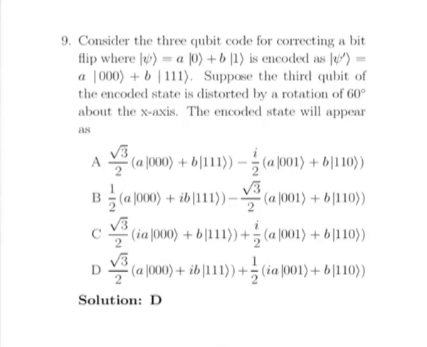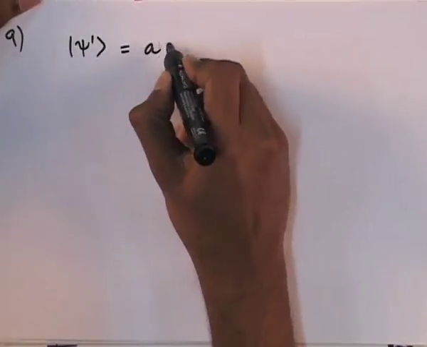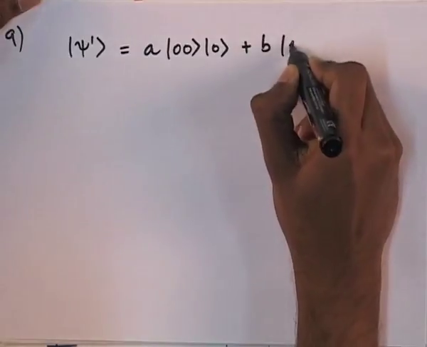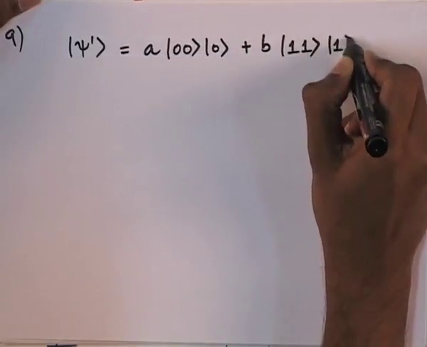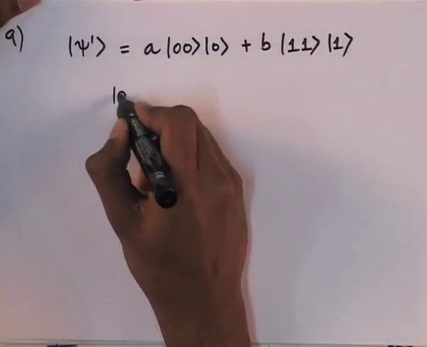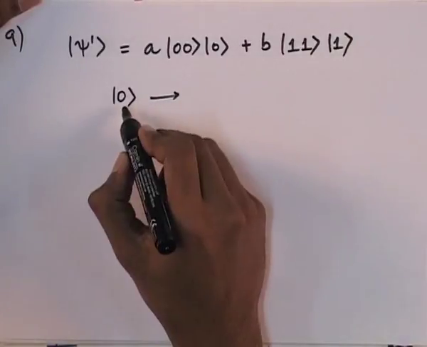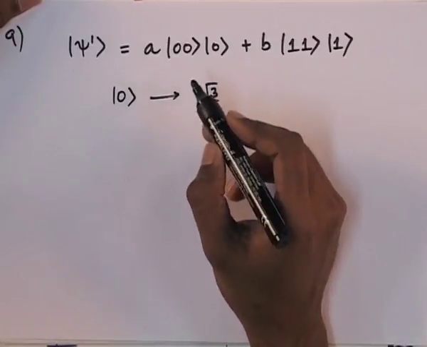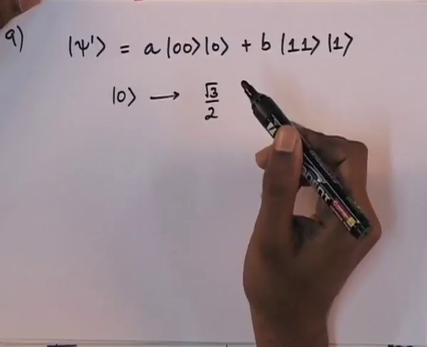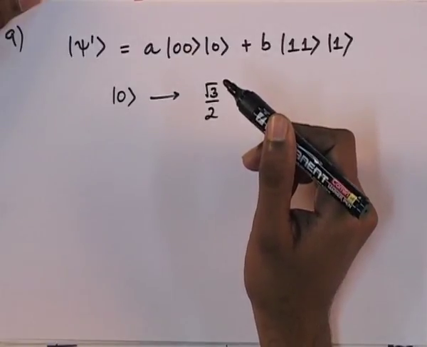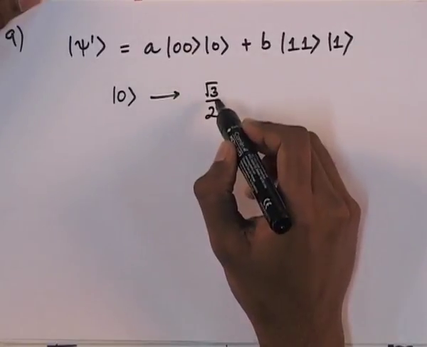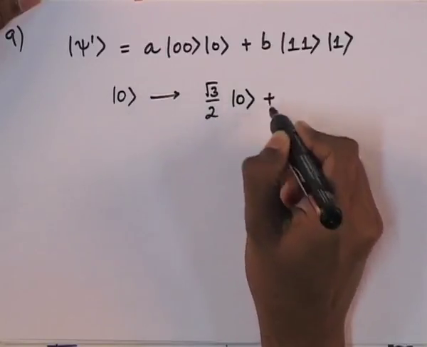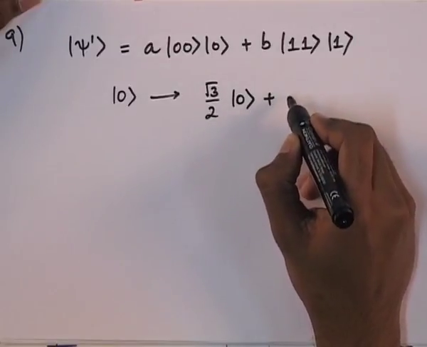So, psi dash is, due to the rotation, the qubit 0 changes to, as there is a rotation of 60 degrees about x axis, theta changes to 60, cos theta by 2, which is cos 30, is root 3 by 2, plus e power i phi.